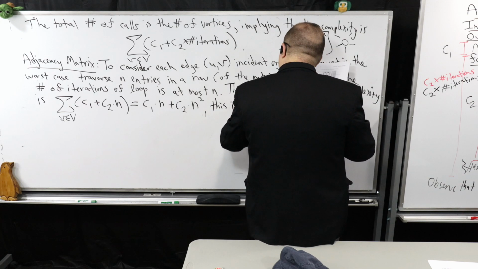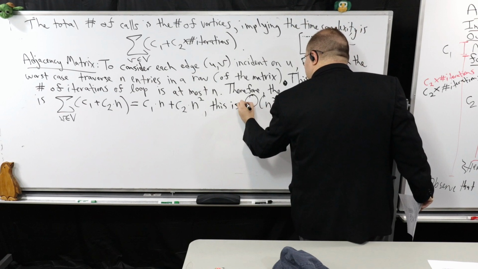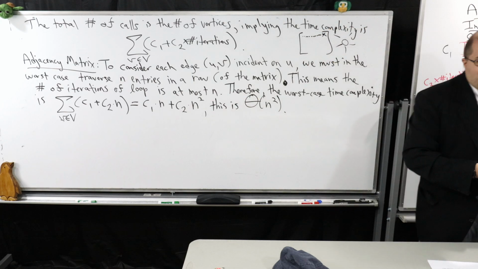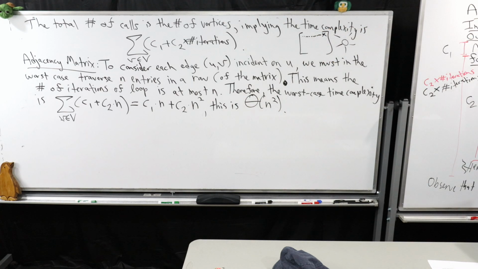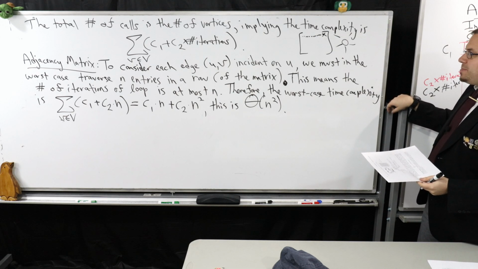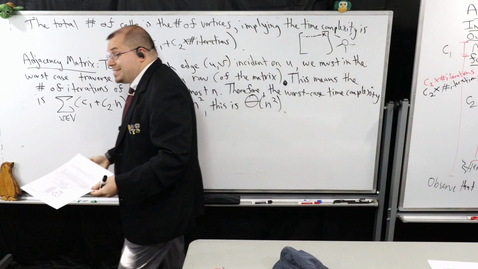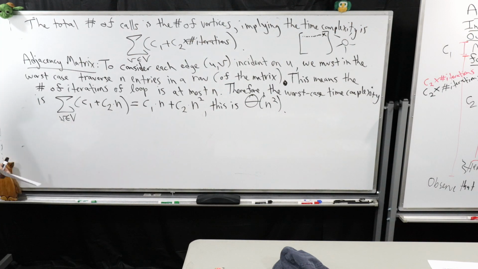This is big O of n squared. If you really want to be nitpicky, you could write it's big theta of n squared. Notice it takes quadratic time, which isn't actually too bad, because the whole matrix is an n by n matrix. So it makes sense that if you want to explore the whole graph, you have to look at the entire matrix at some point. So it's not bad at all.